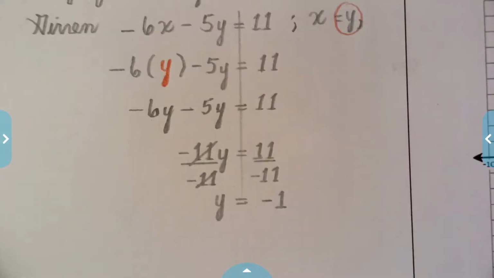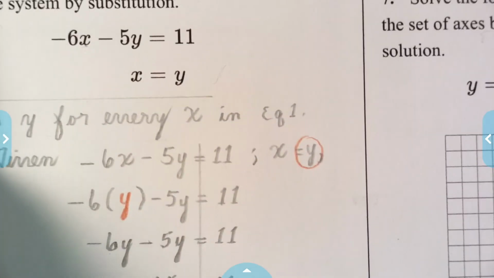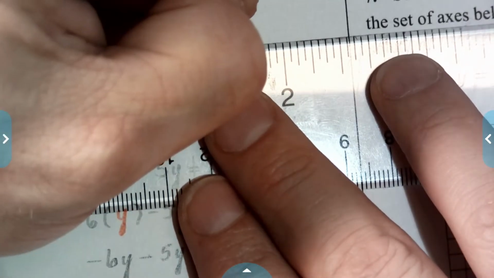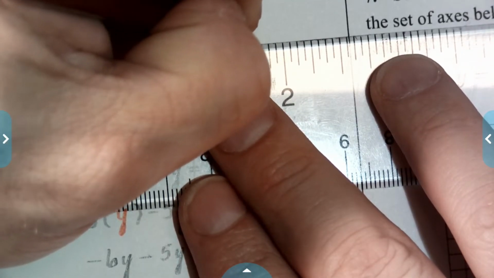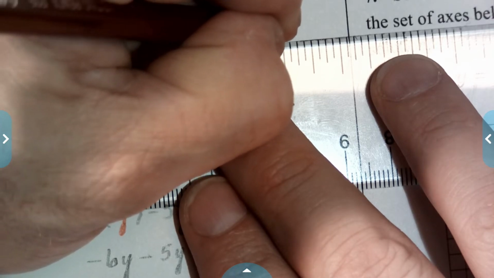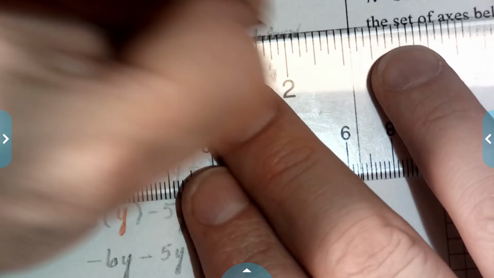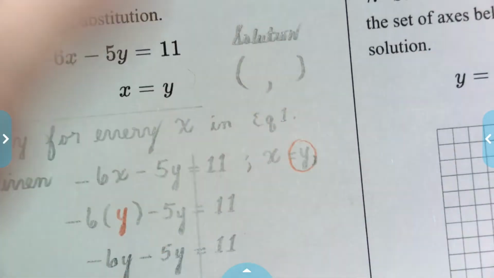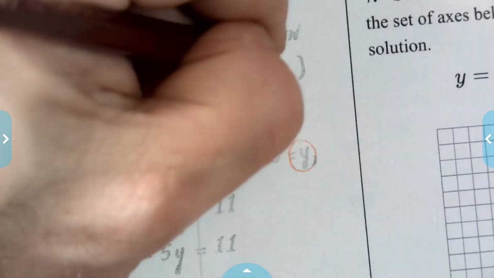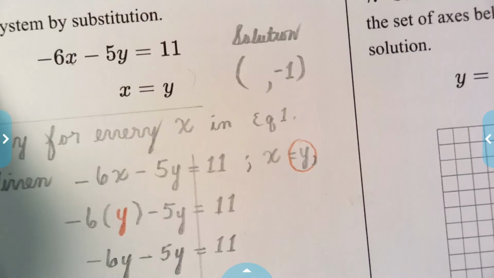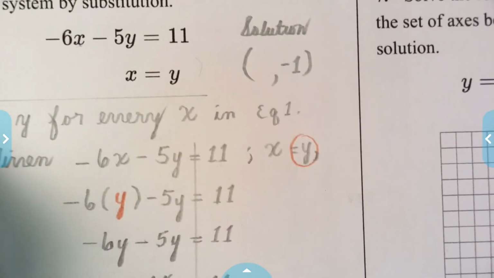Okay, so we've got part of our solution. Go back up here and we can put solution. Part of that solution is the y value, which we now know is negative 1, or we think. We'll trust but verify, as President Reagan said.